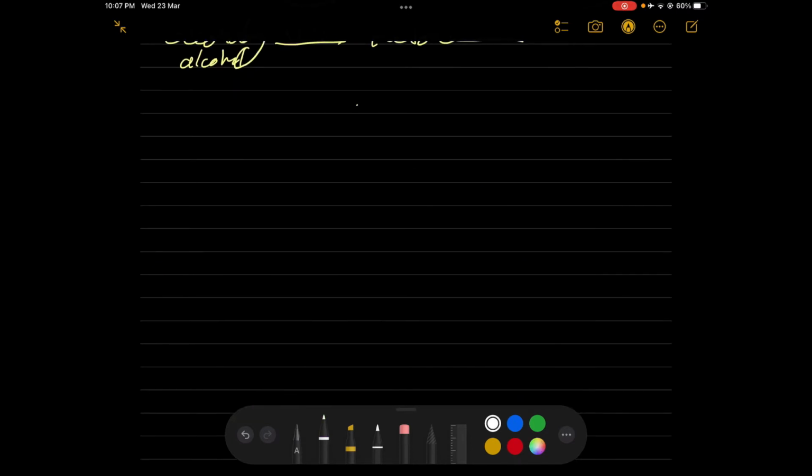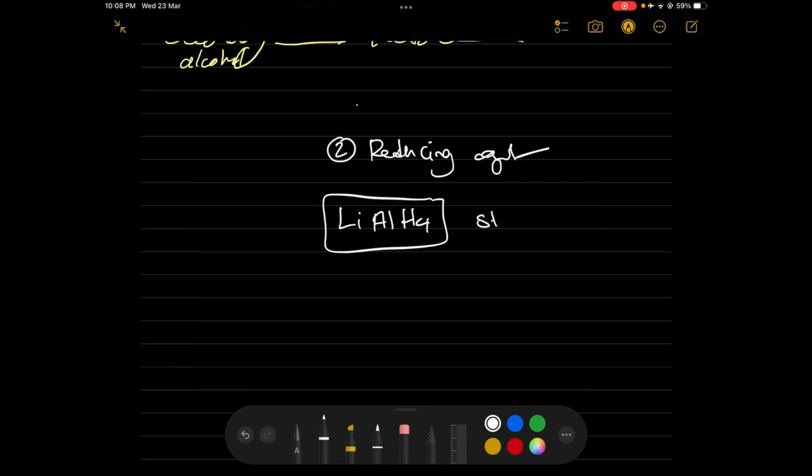All right, so what are the reducing agents that we're going to use in our reaction? We have 2 reducing agents. The first one is called lithium tetrahydridoaluminate, and this is a very strong reducing agent. You have to put this in a solvent, and the solvent that we're going to use is ether.